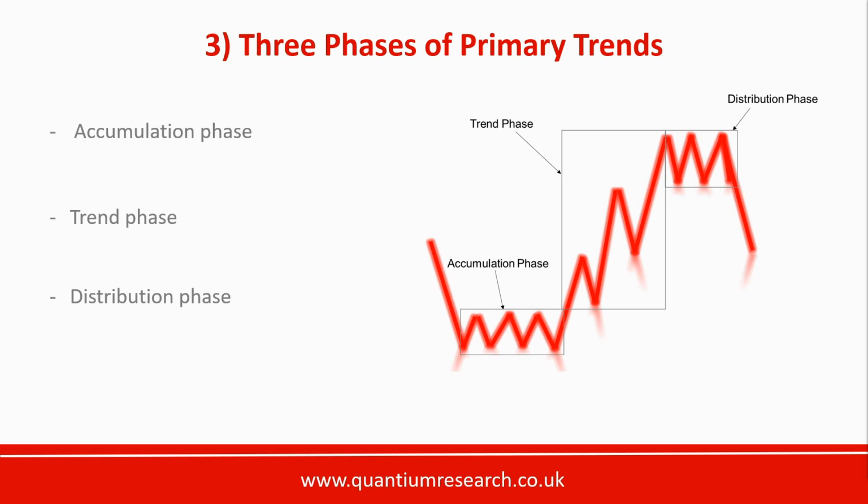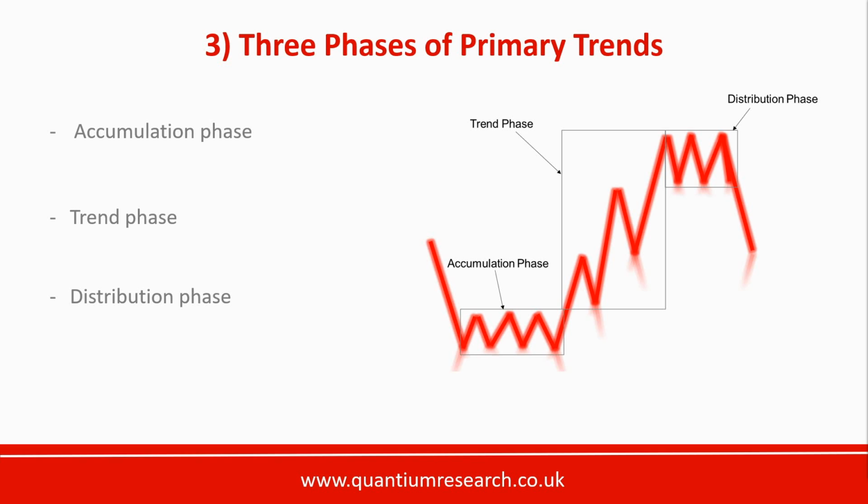So people who were initially bearish and selling in the accumulation phase are seeing the price rising and start to rush to buy into these things, and you can see that the price starts to move up. But the trend phase is normally where the largest part of the move happens. We must remember that.